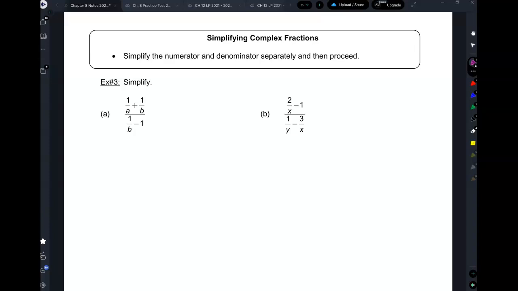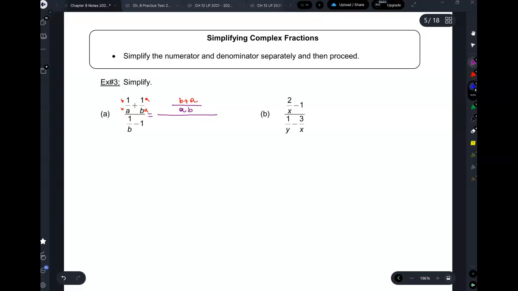The first way is we're going to do each one as a separate mini problem of its own. So for now, let's just focus on the numerator here. What is the LCD between the A and the B? It's AB. So the first fraction, I multiply by B over B, and the second one by A over A, right? So what do I get? B plus A.